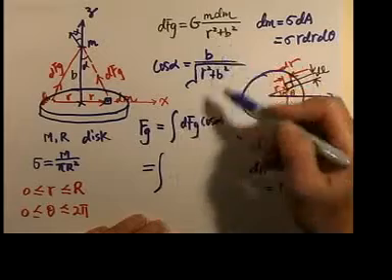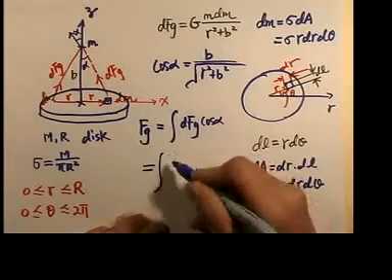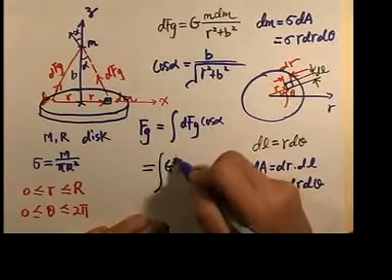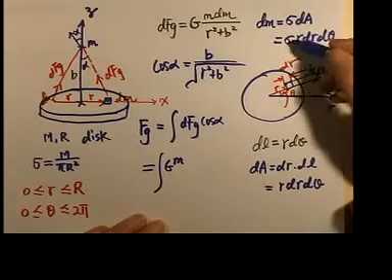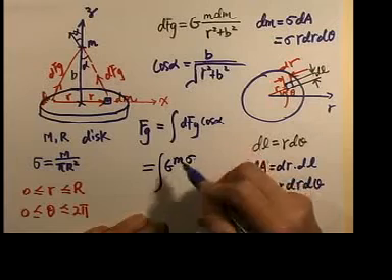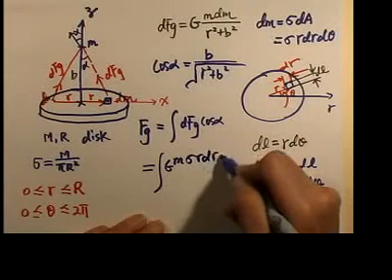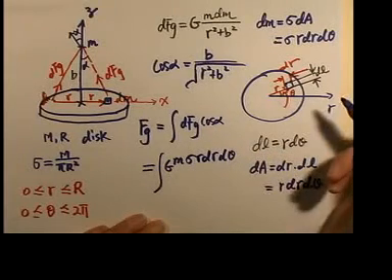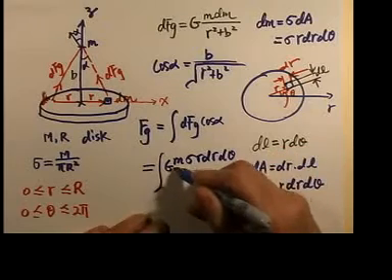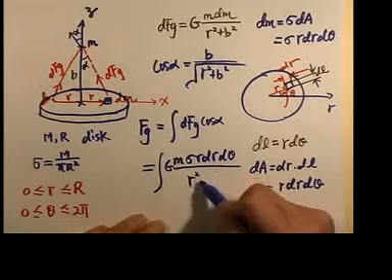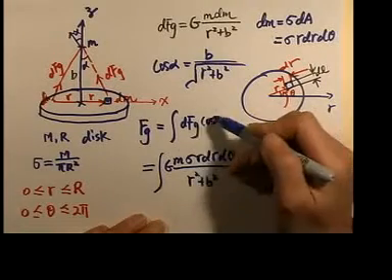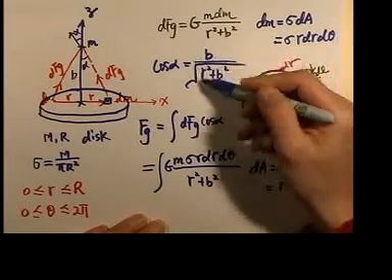If we bring dF_g right here, that will be capital G, little m, dm is rho dA, which is this, so we have sigma r d theta, and then we have the r squared plus b squared. Don't forget we have a cosine alpha, and cosine alpha has this expression.